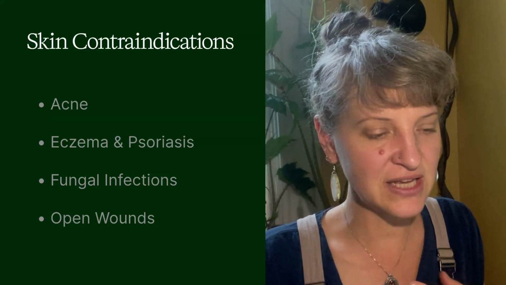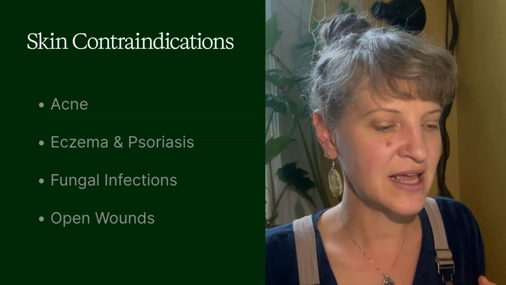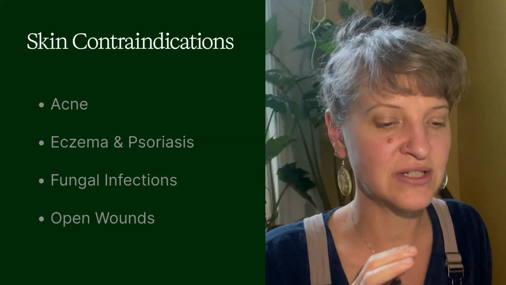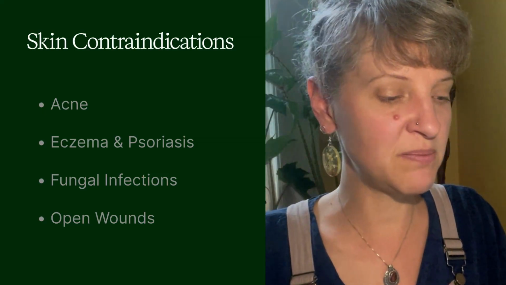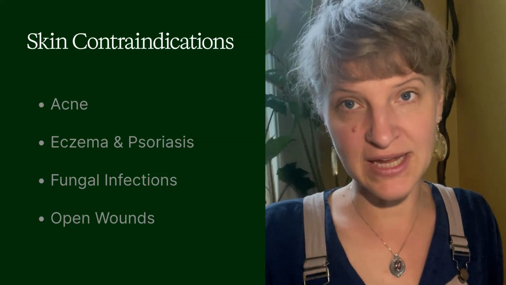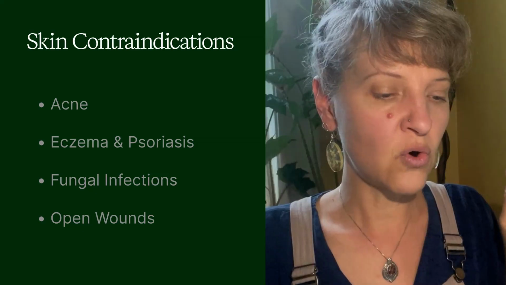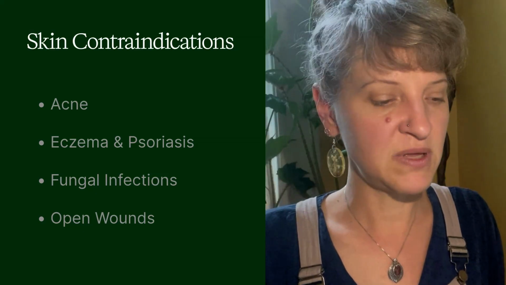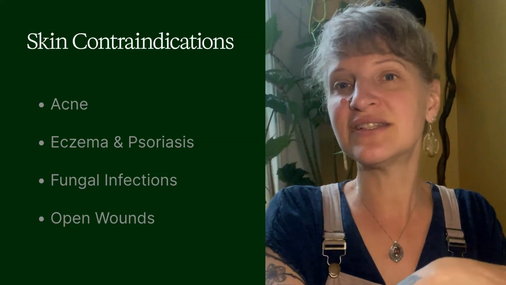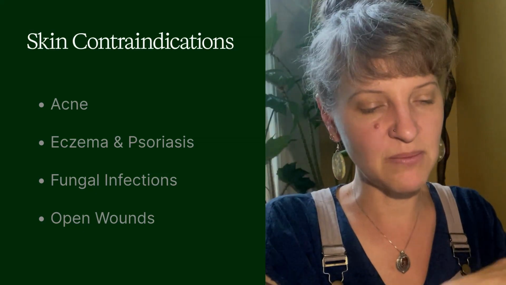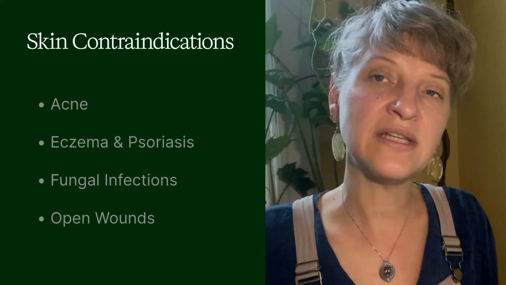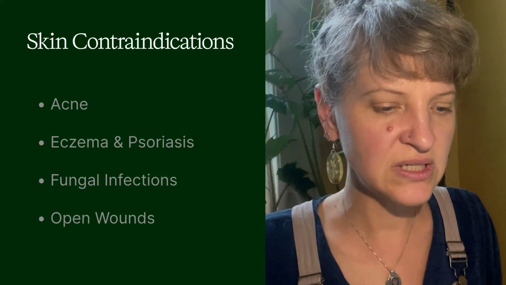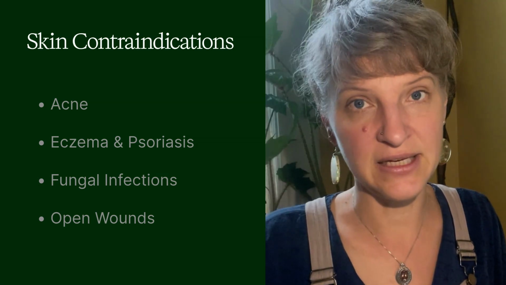So for skin, we've got acne, eczema, psoriasis, fungal infection, open wounds. Oh, and I wanted to talk about medications for people with eczema and psoriasis. The corticosteroids that people typically take, usually topical, a cream they put on the itchy, irritated area, weaken the body's tissues and thin the skin.